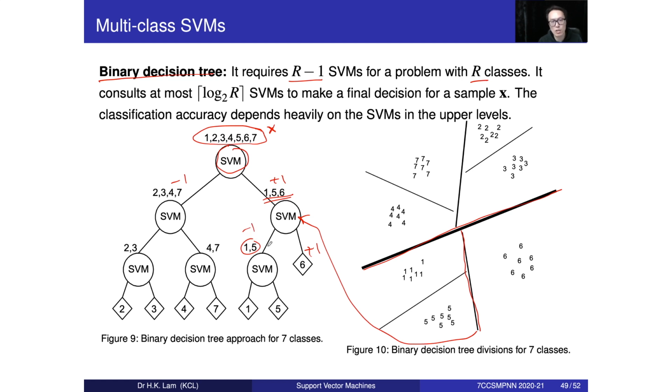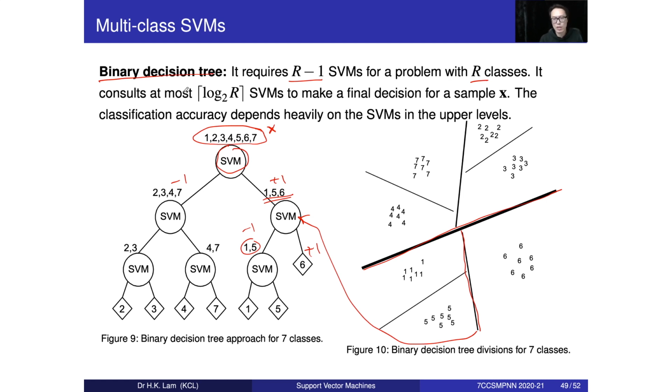So based on these new labels as well as this dataset, we train the SVM. This SVM can just differentiate 1, 5, 6. Okay, so we repeat this process. We come up with a layered tree diagram. So this is why we call this the binary decision tree.